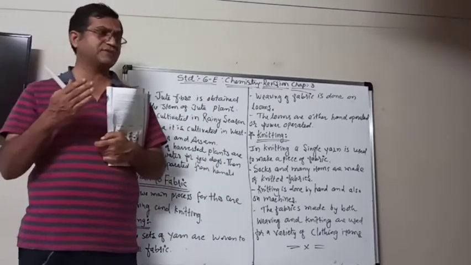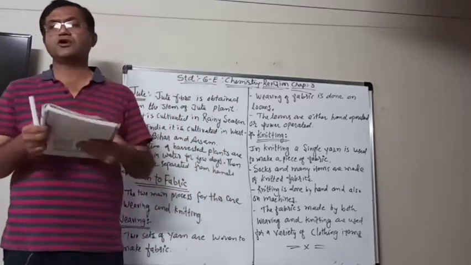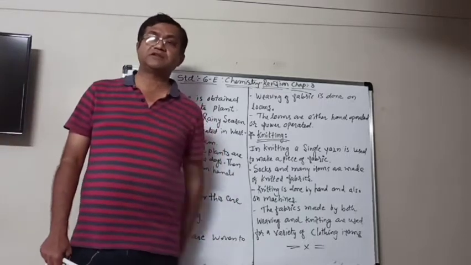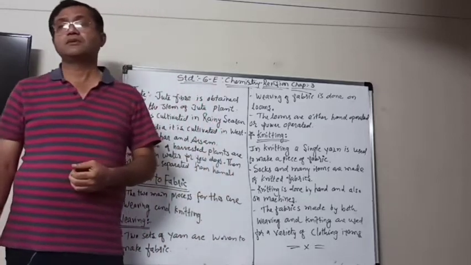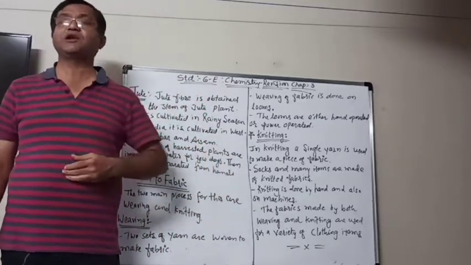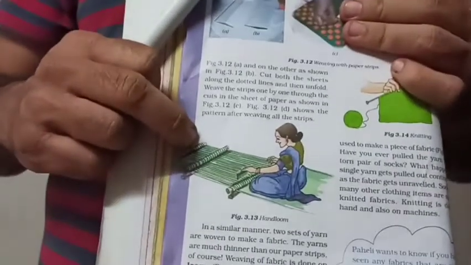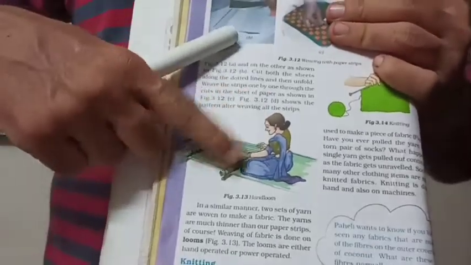And sometimes if you ask your parents or grandparents about handloom, they will explain that the cloth which is woven by hand operated looms, like that shown in the figure here, that lady, you can see that. She is operating the loom using her hands.